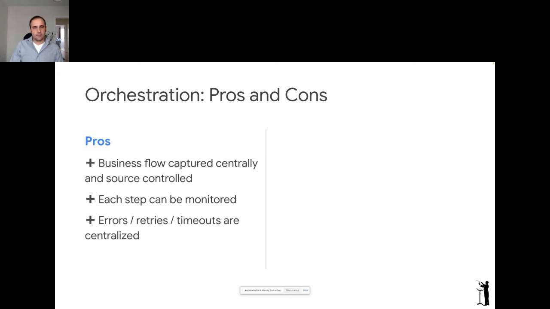The errors, retries, and timeouts, you still need to do them, but you can centralize them now. You can apply those policies in the orchestrator, and that helps you a lot because you don't have to do them in every single service. And your services are still independent, right? They're still independently deployed, and they can be scaled independently, but you bring them together into what I call a temporary monolithic orchestration.